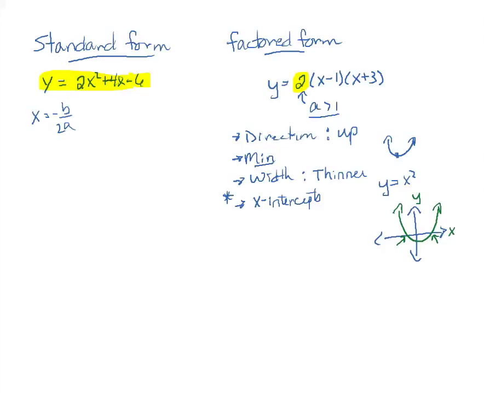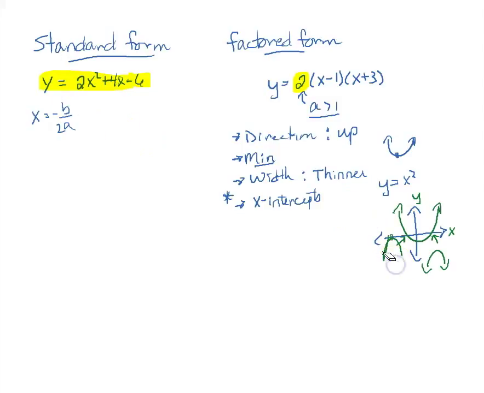So any quadratic that cuts through the x-axis will have x-intercepts. Not every graph will have them. If we drew a graph here, like that, you would not cross the x-axis, so you wouldn't have any x-intercepts. So they won't always be present. And for a graph that touches at only one point, you have one x-intercept.